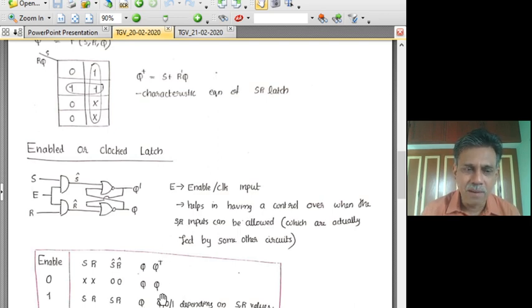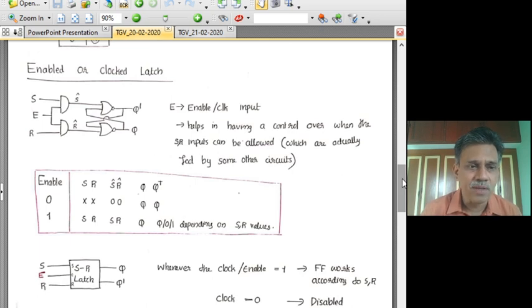That is simply given by the truth table of the SR latch, which we already know. So it can be either Q itself or 0 or 1 depending upon the SR value. We are not separately writing it out. You just copy the 4 rows of the SR latch truth table for this case of enable equal to 1. So this is how the enable works.